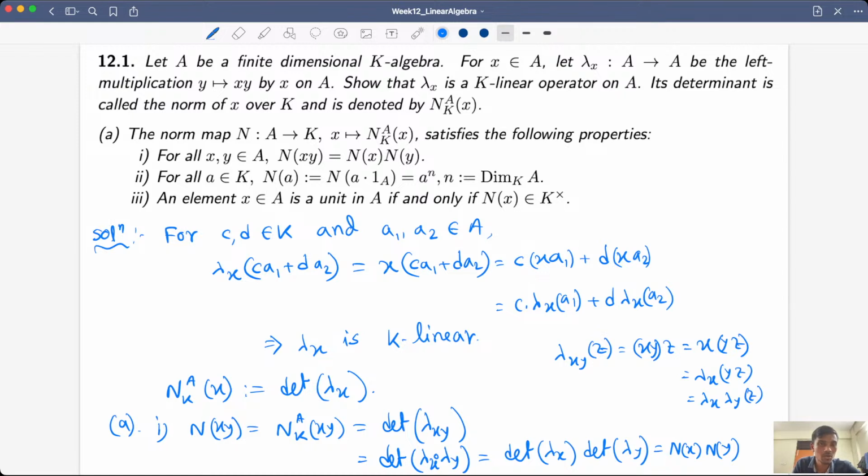Now for the second property, what we need to show is that if I take any element a from K, I can take the identity element of A and consider a·1. That is an element of A, as it is a vector space. Now if I consider the norm of that particular element, it will be a^n, where n is the dimension of A over K. Okay, so this is also similar.